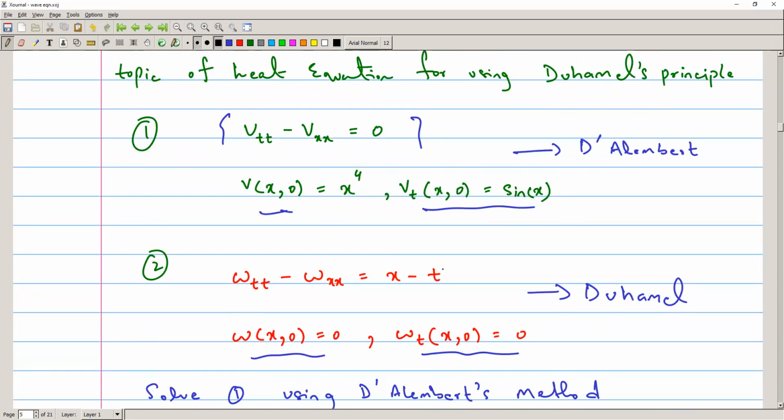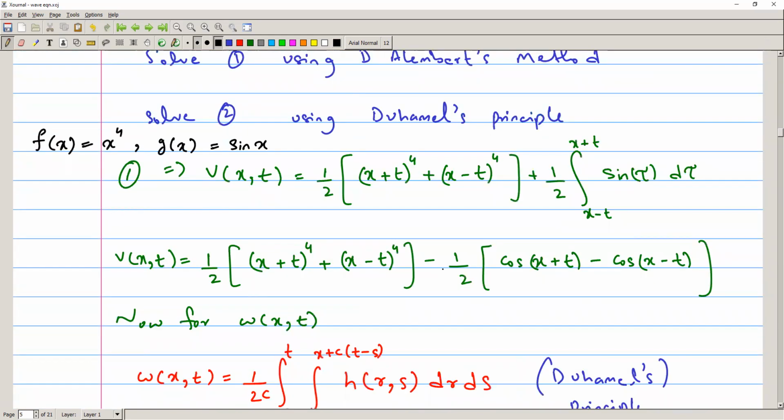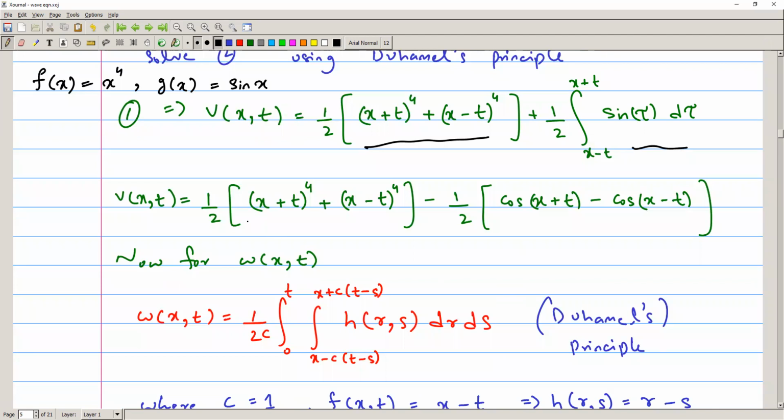Yes, it's sine x here. So now we will construct the solution in this way. We'll integrate this function. So we'll get x plus t whole power 4 plus x minus t power 4, minus 1 over 2 times cosine of x plus t minus cosine of x minus t. So this is the solution for v of x,t.